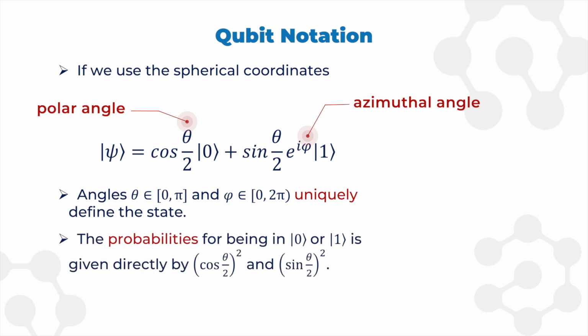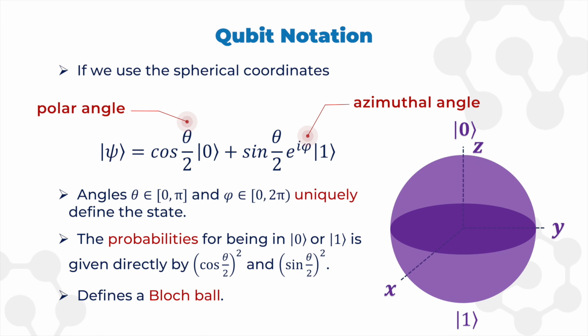The probabilities for the state to be in state 0 or 1 are given directly by cosine half theta squared and sine half theta squared. And phi is the complex phase. This representation leads to the definition of a Bloch ball that helps in illustrating qubit operations. We will talk more about the Bloch ball later in the course.